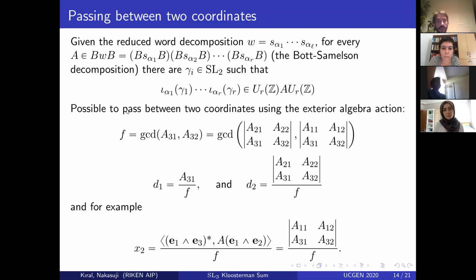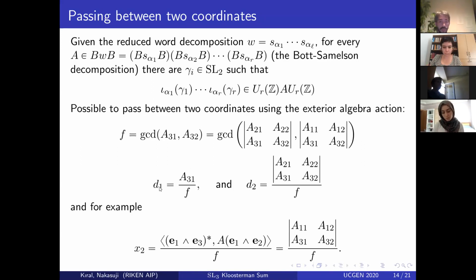In the 3 by 3 case, if I take the long word, the BW0B is characterized by A31 not being 0, and the lower 2 by 2 matrix minor not being 0. And the other Weyl group elements have different characterizations.